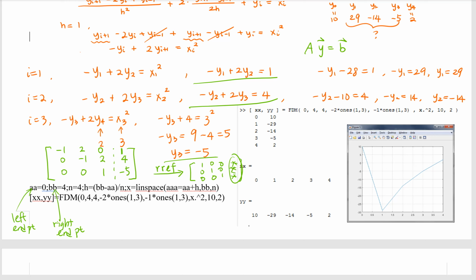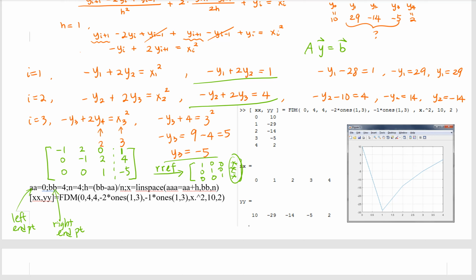And then x is the linear space, and you use AA plus h, comma BB, comma n. This is how it increases by the step size.